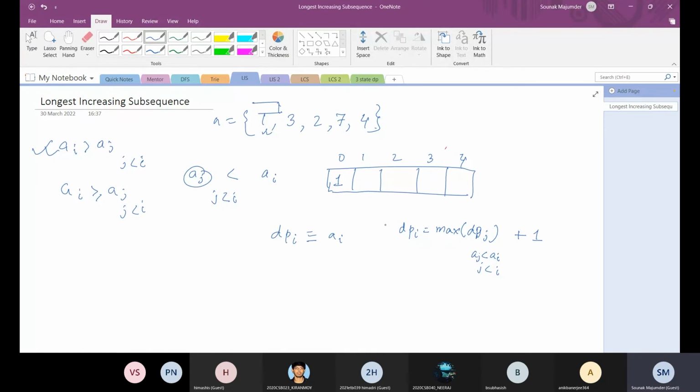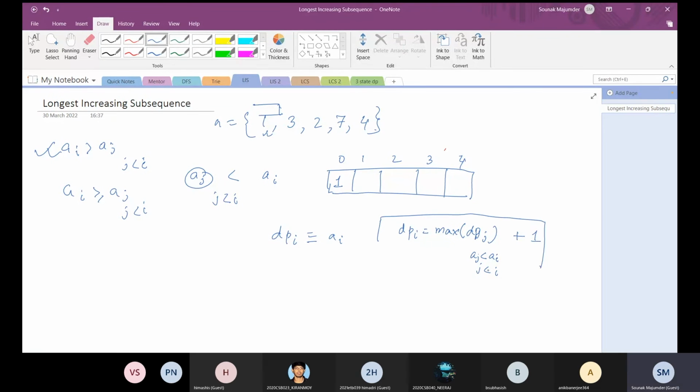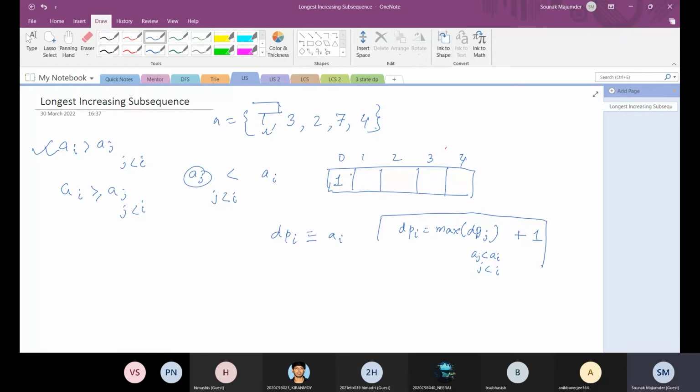So this is the transition equation. Let me explain it.